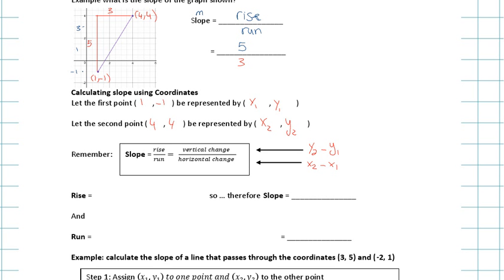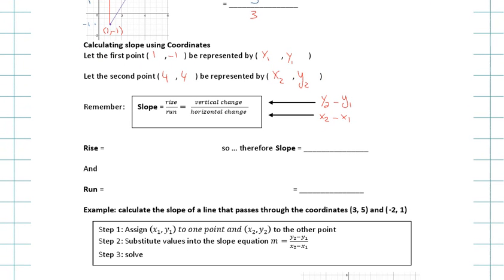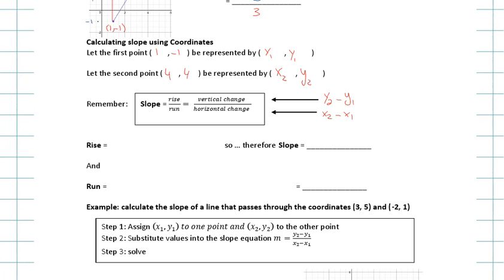So the formula for the slope becomes y2 minus y1 over x2 minus x1.